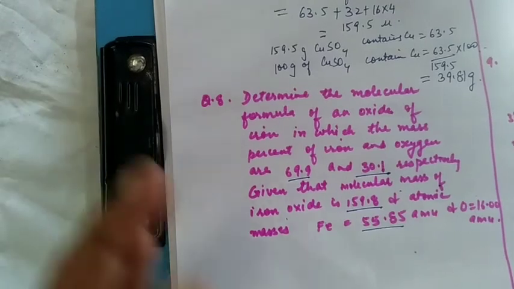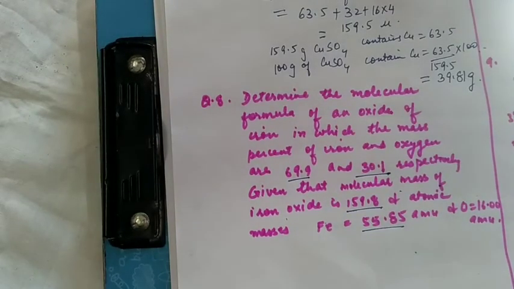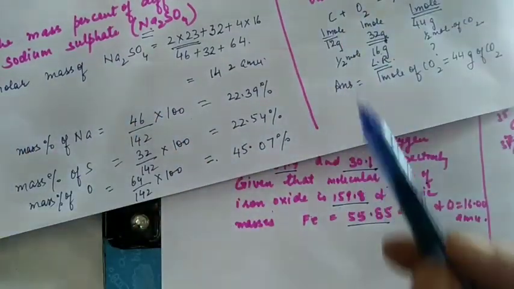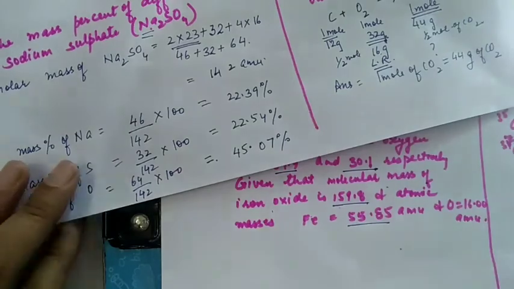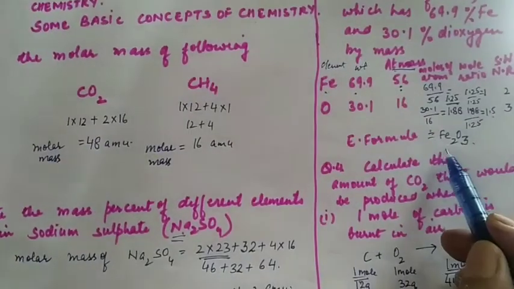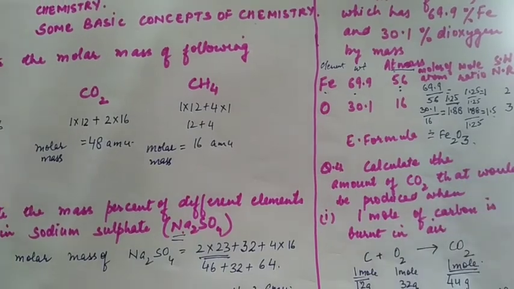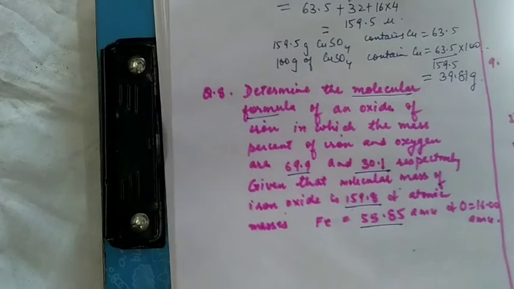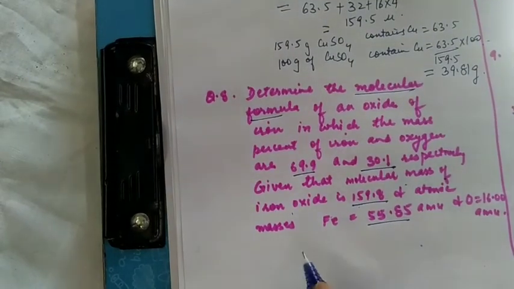So you can see we have already solved first part of this numerical. The amount of iron 69.9 and oxygen 30.1 are the same. So there we found out that the empirical formula was Fe2O3. Now to find out the molecular formula, you have to find out the value of N.